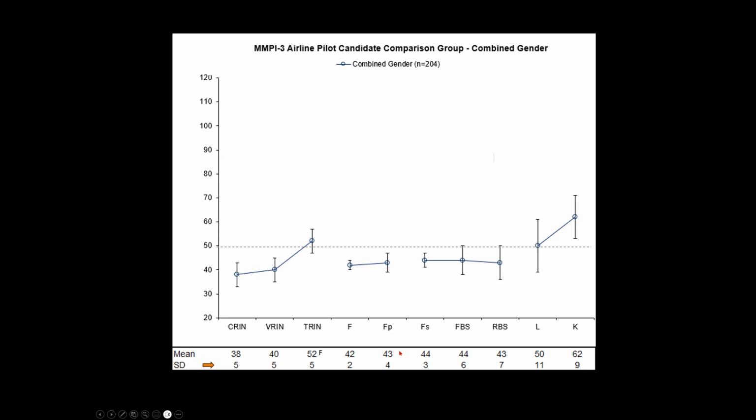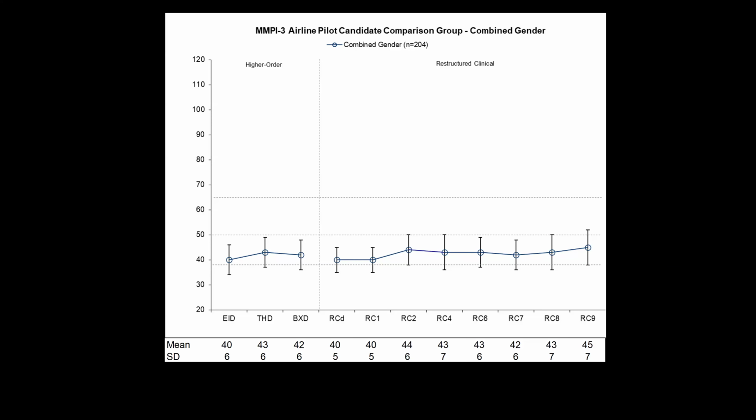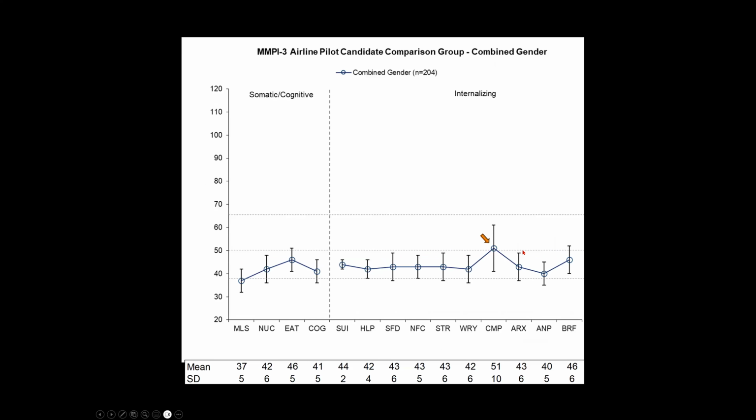As you can see, again, the standard deviations, except for the underreporting scales, are quite a bit smaller than the general population standard deviations. Looking at the substantive scales, as we saw with the public safety candidate samples, below average scores with smaller standard deviations.